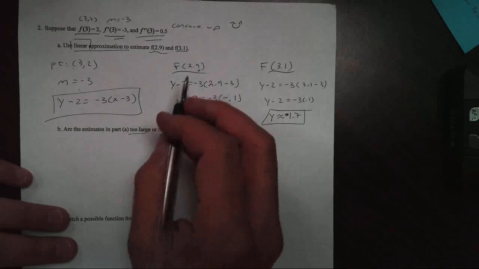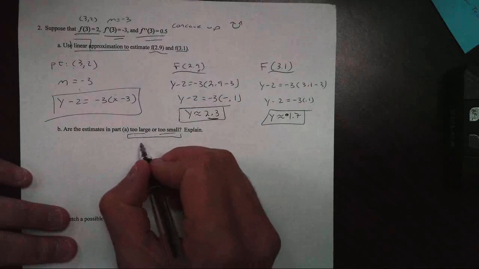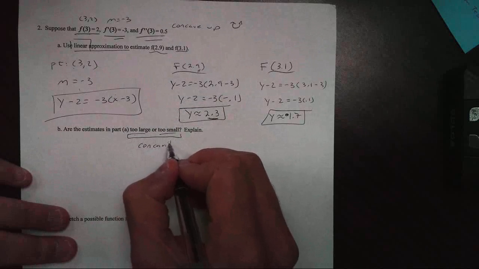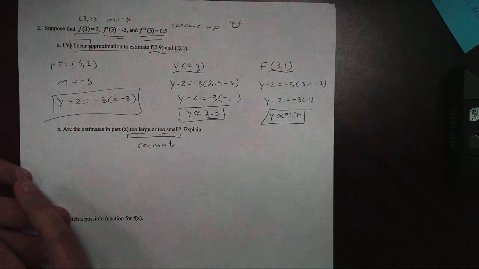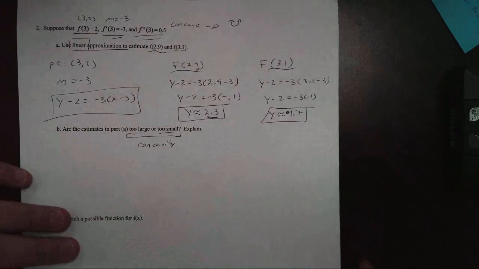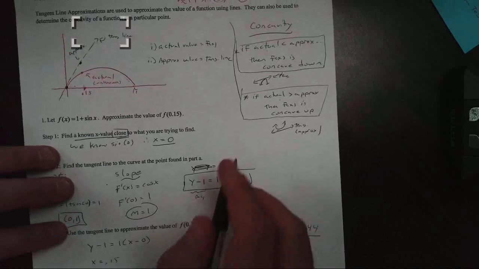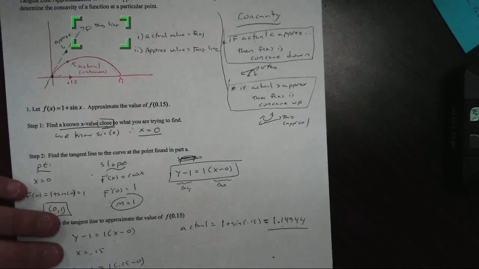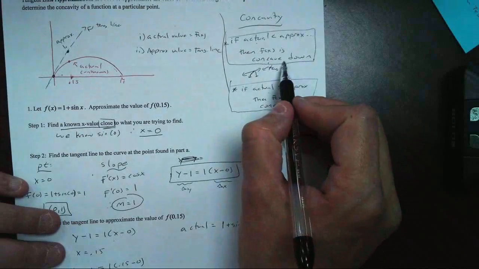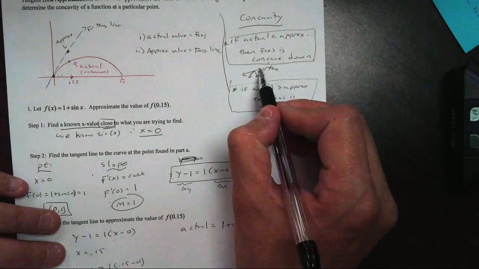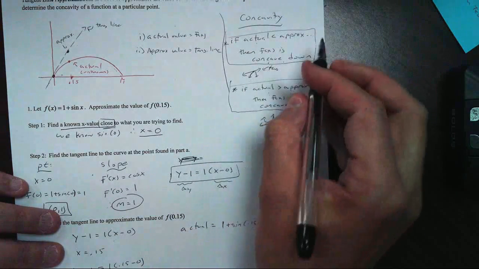Well, that's dealing with concavity, because that's dealing with, is it an overestimate or an underestimate? If we move back here to the other side very quickly, if it's concave down, notice my tangent line is above the function.